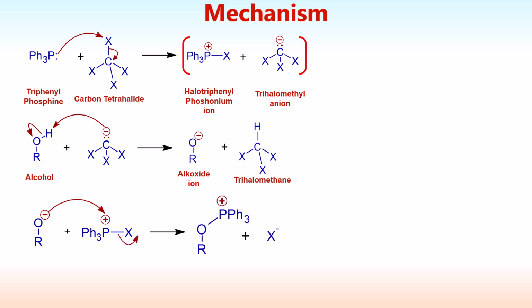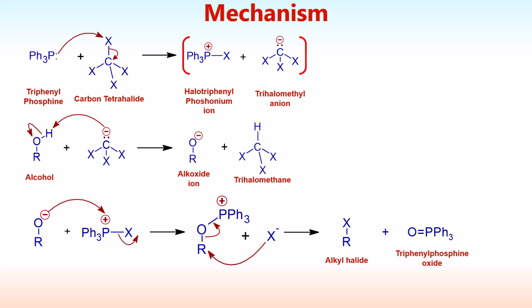And finally, the free halide ion, which is acting as a nucleophile, undergoes nucleophilic substitution on the alkoxy triphenylphosphonium ion. This leads to the formation of the corresponding alkyl halide along with the triphenylphosphine oxide.